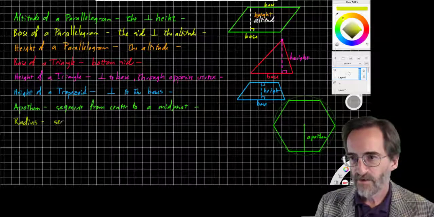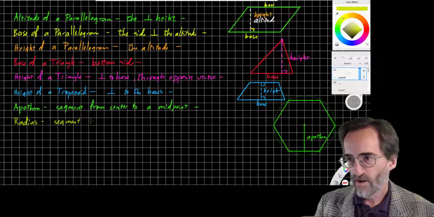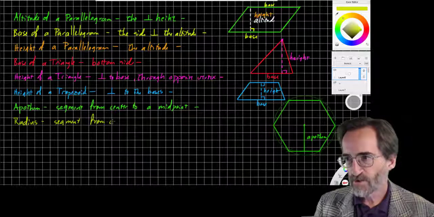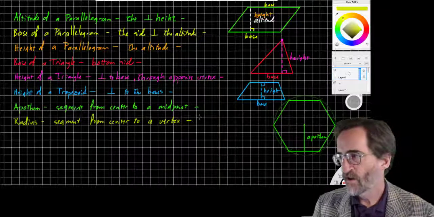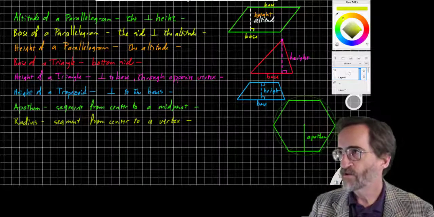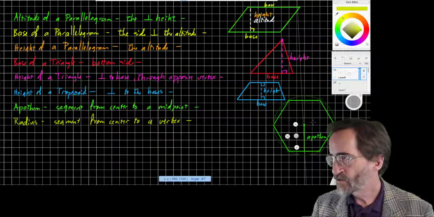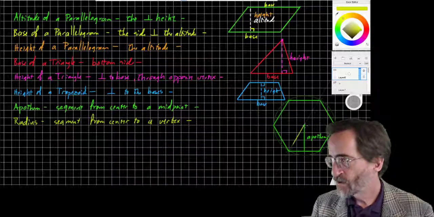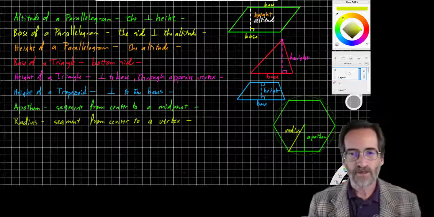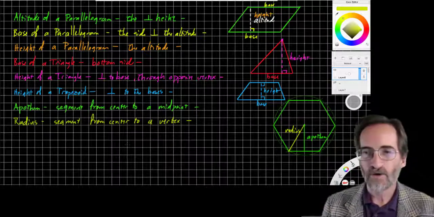It's a segment from the center of the polygon to a vertex. So a radius is drawn from the center to a corner, to a vertex. Radius. And the radius is always longer than the apothem. Just like the hypotenuse of a right triangle is always the longest side.